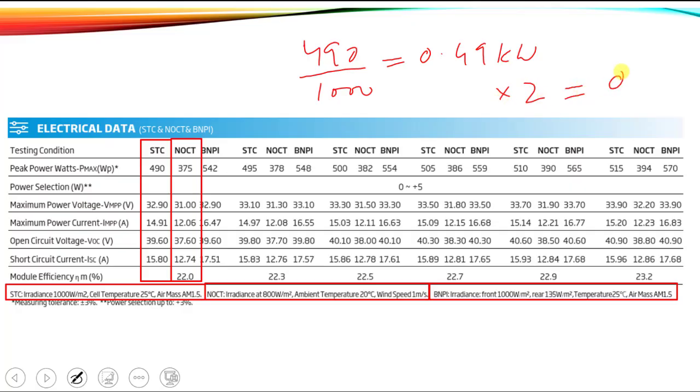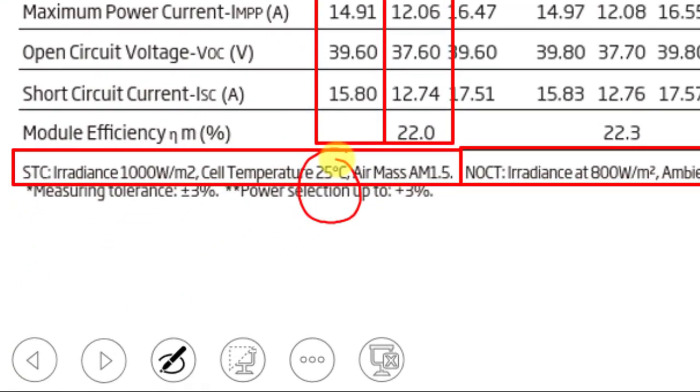So this is 0.98 kilowatt hours, or roughly 1 energy unit. If this module is run for 2 hours, it will produce approximately 1 energy unit. But the condition is that the cell temperature must remain 25 degrees centigrade, and the energy received from the sun must be 1000 watt per meter square.